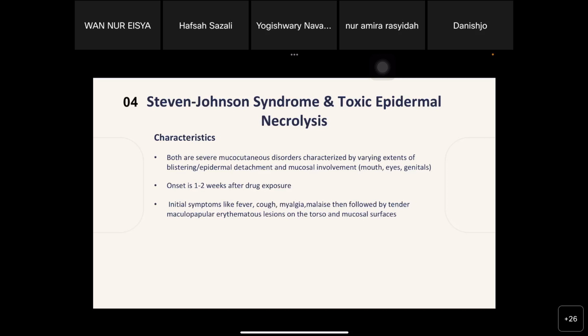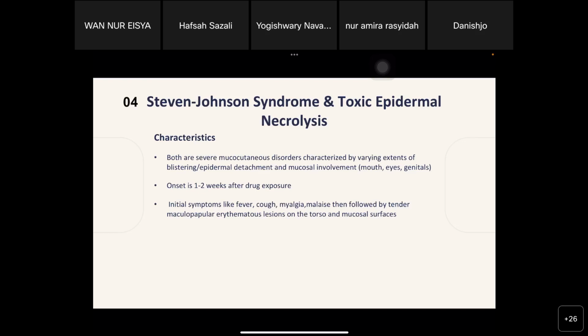But if it covers more than 30% of the body surface area, we characterize it as toxic epidermal necrolysis. In between 10 and 30%, we classify it as SJS/TEN overlap.